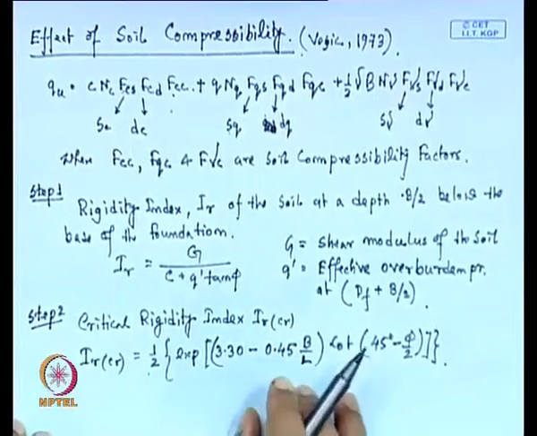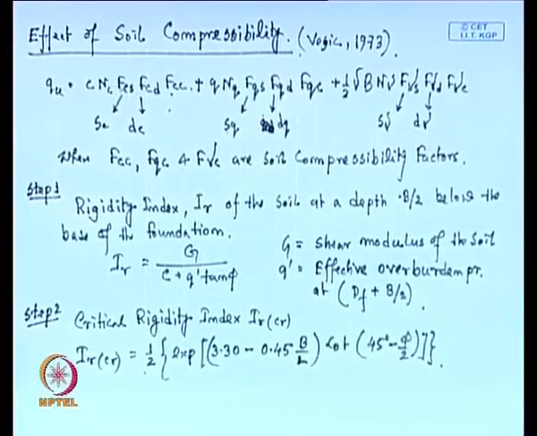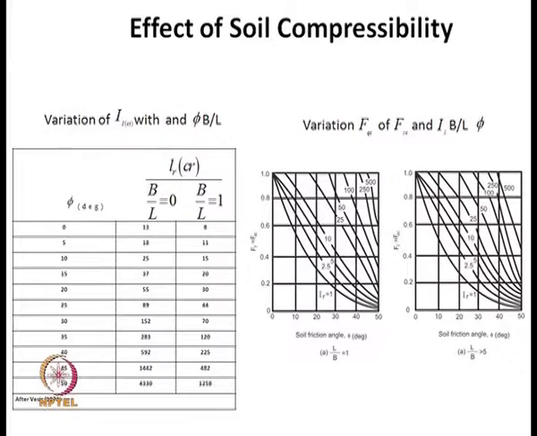Now, a table is presented in this slide, which is the variation of the critical rigidity index IR critical with different phi and B by L. This is the phi value and this is the critical rigidity index value for B by L equal to 0 and B by L equal to 1 conditions.